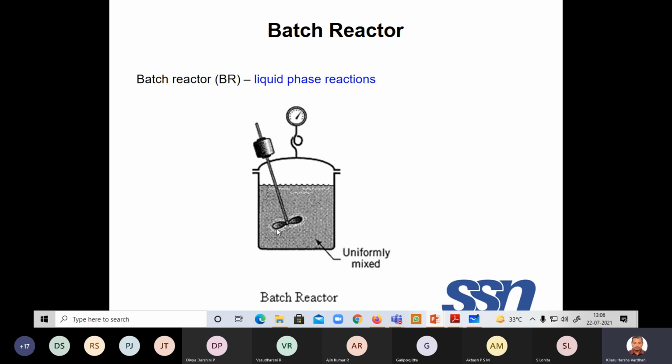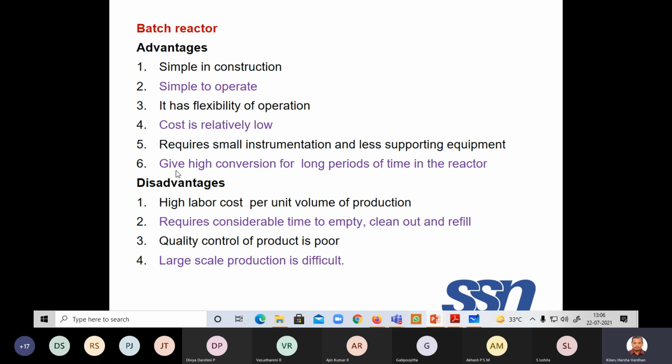If you want more conversion, you have to make the raw materials stay in the reactor a bit more time. In a batch reactor, you are allowing that to happen because you are allowing a fixed amount of time for the raw materials to react. Therefore, the conversion in this reactor will be higher. That is what I mean to tell. It gives a high conversion for longer periods of time in the reactor.